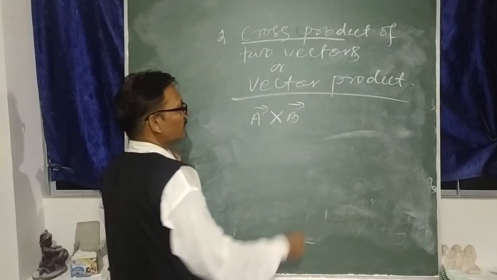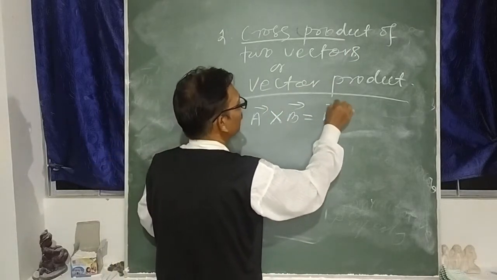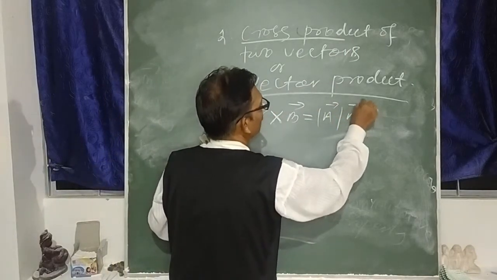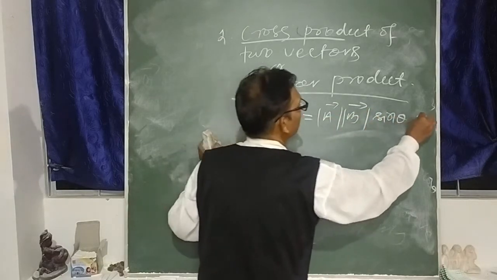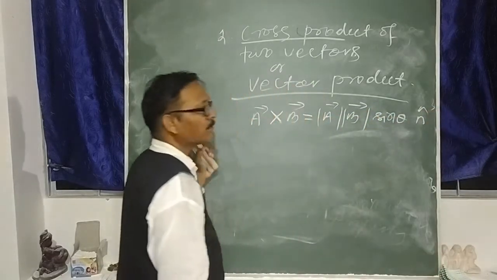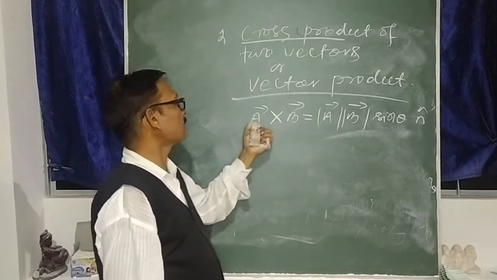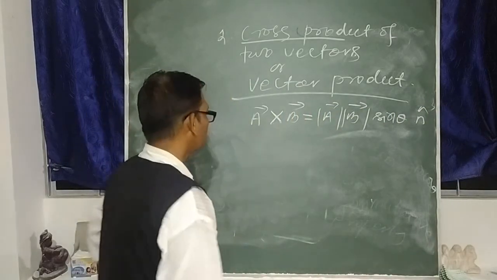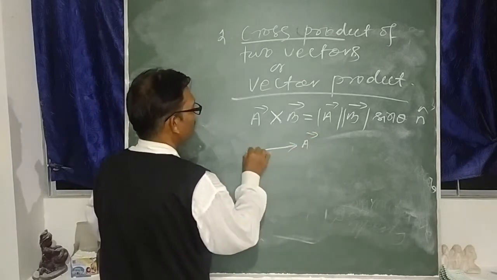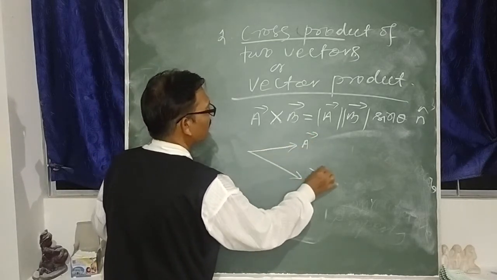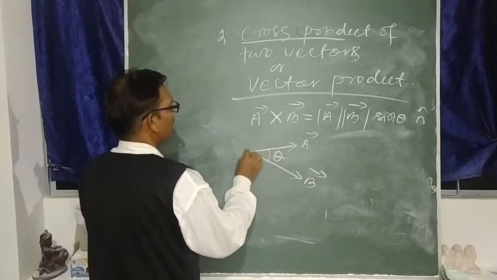How is it a vector product? You see, A magnitude, B magnitude, sin theta and n cap. What is n cap? N cap is the unit vector along the direction of A cross B. This is the A vector, this is the B vector, and the angle is theta.